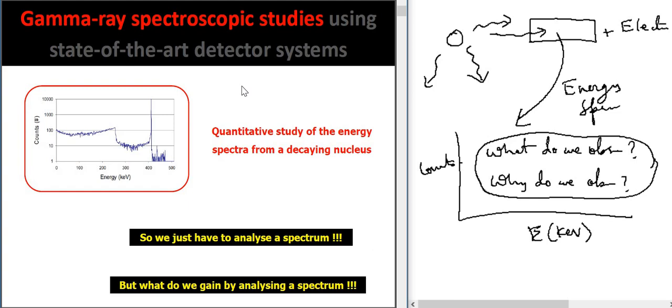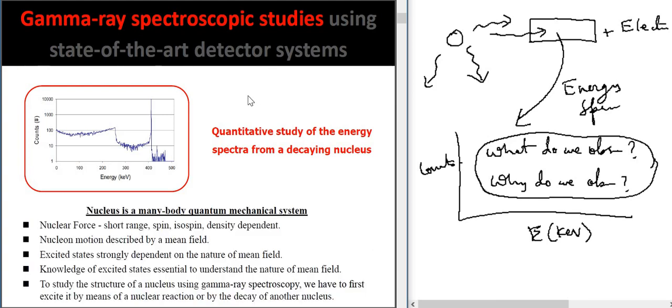And again, what do we gain by analyzing the spectrum? Of course, we are talking about gamma rays, right? And gamma rays are emitted as a result of the nuclear de-excitation process. Since it is the nucleus which is de-exciting and emitting them, gamma rays tell us information about the nuclei, or more importantly, excited nuclei, right?